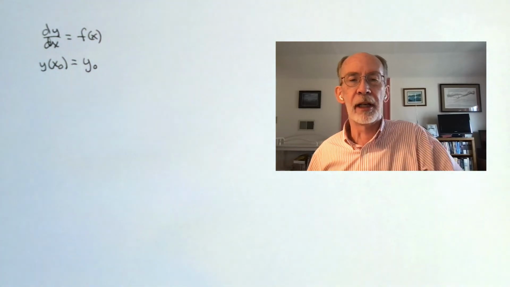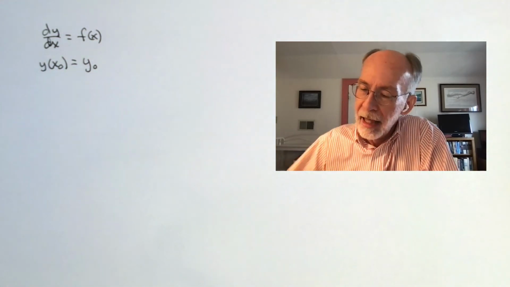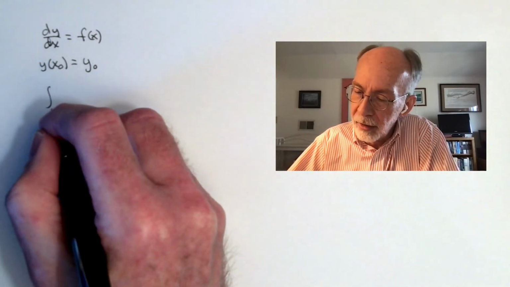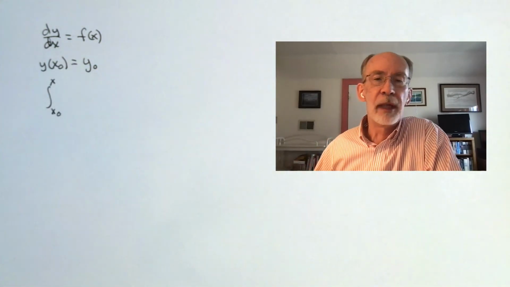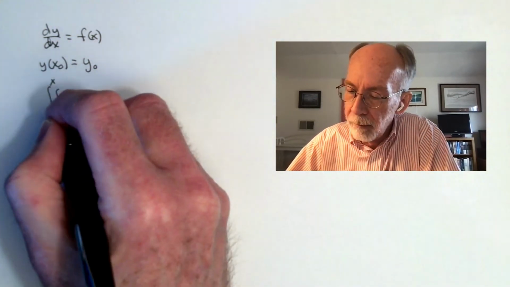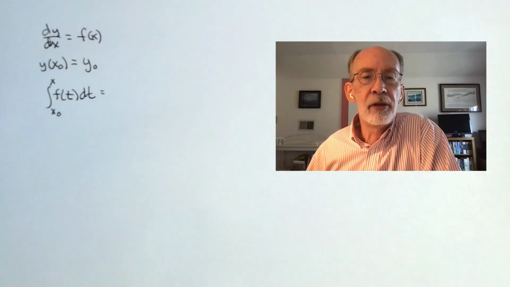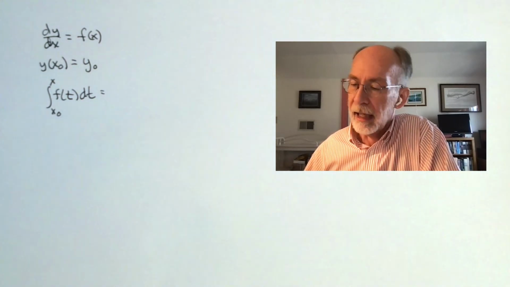So we have generic coordinates for one point, and we know what the derivative is. Then if we were to integrate from x naught to any other x on this interval over which we're assuming f is continuous, fundamental theorem part 1 says that should be the antiderivative of f evaluated at x minus the antiderivative of f evaluated at x naught.